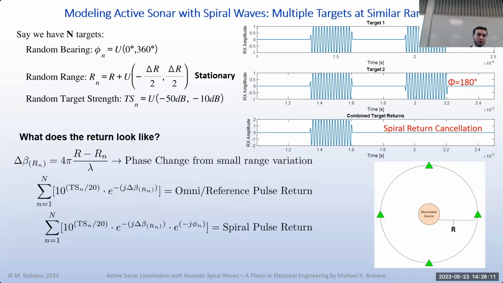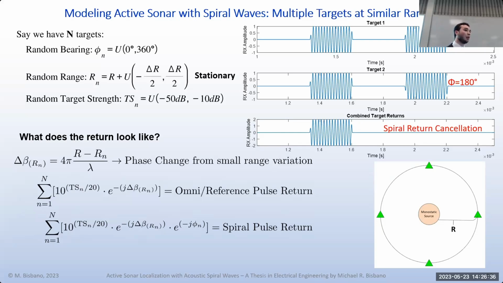So this is shown here for any order of n targets. If they're all around the same range with some slight variation within a range bin, these summations are showing the omni return and the spiral pulse return, and the spiral pulse return just has that extra bearing component here with the e to the negative j phi sub n for the nth target.